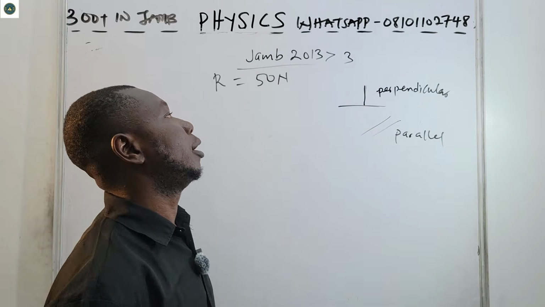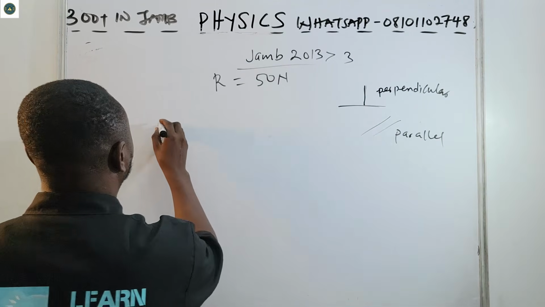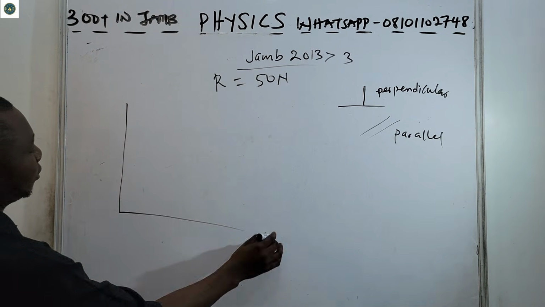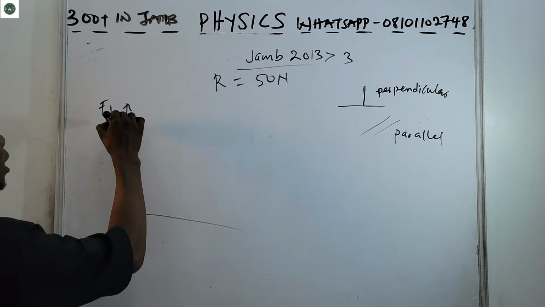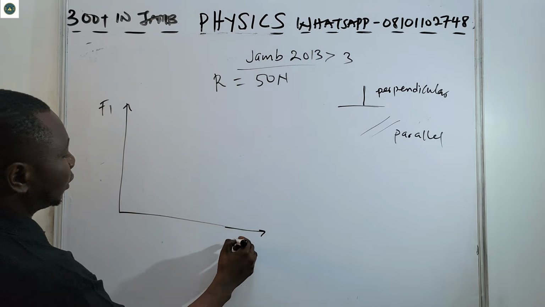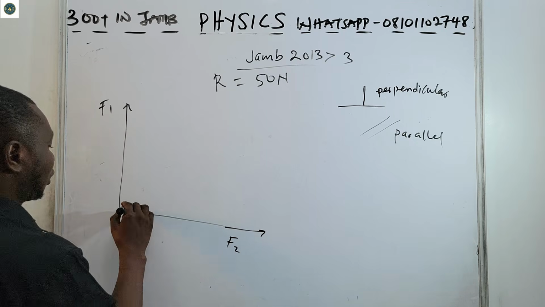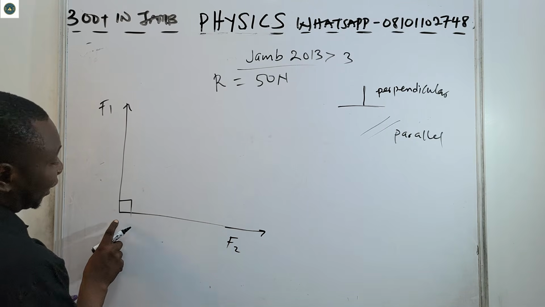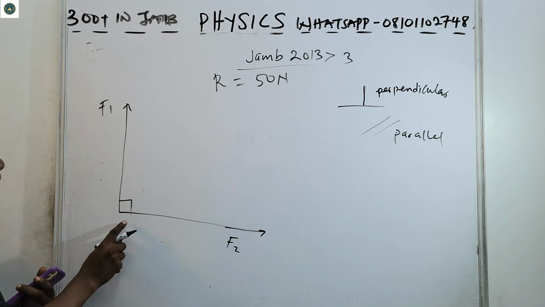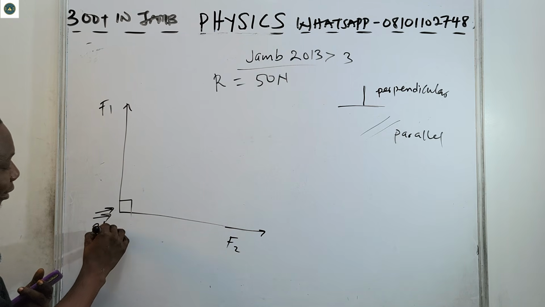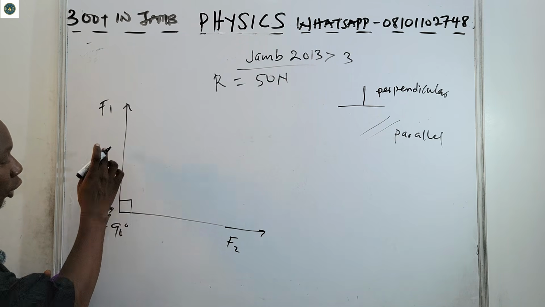This is perpendicular. So we have the two forces. Let's say this is F1 and this is F2. We're told they are perpendicular to each other. Perpendicular means they are at 90 degrees to each other.